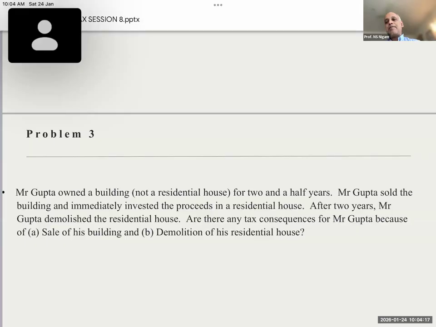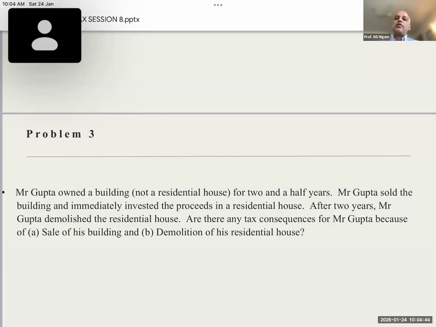Now we come to problem 3, and the reason I'm asking you to solve problem 3 is that it's connected to what I've said so far, but it also talks about some other interesting issues. Friends, take a look at problem 3. It's on your screen, and I'll give you 5 minutes.